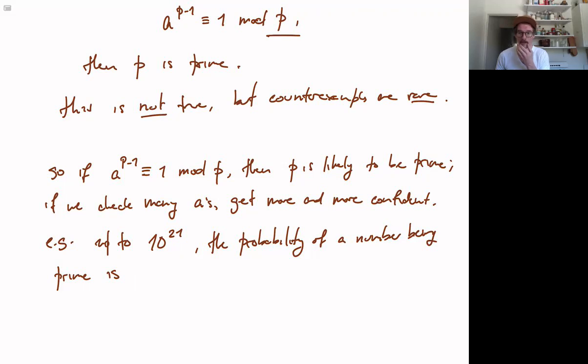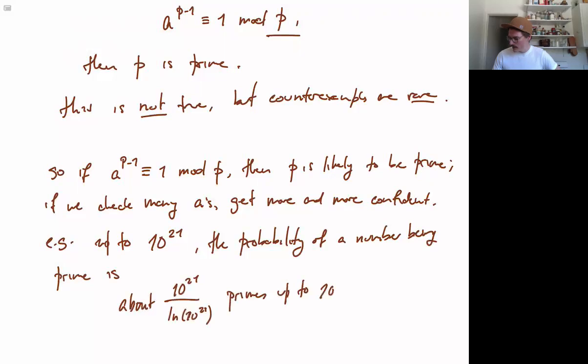You may remember that we have this thing called the prime number theorem that tells us about how many numbers are prime up to a certain bound. And the bound, a little review that I'll erase, there are about 10 to the 21 divided by ln of 10 to the 21 primes up to 10 to the 21.